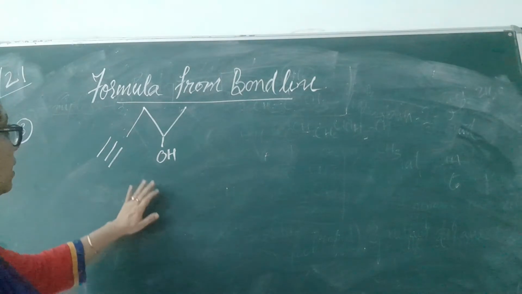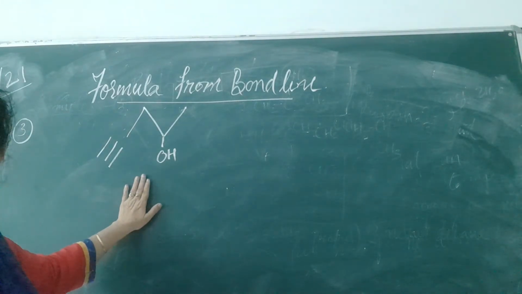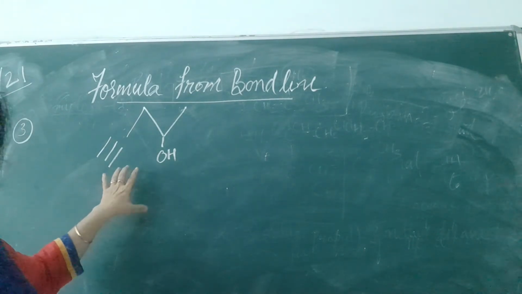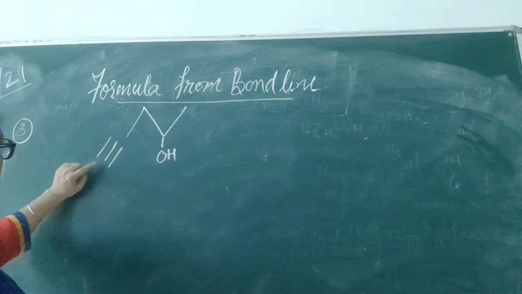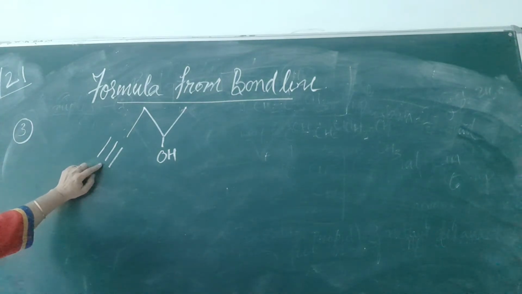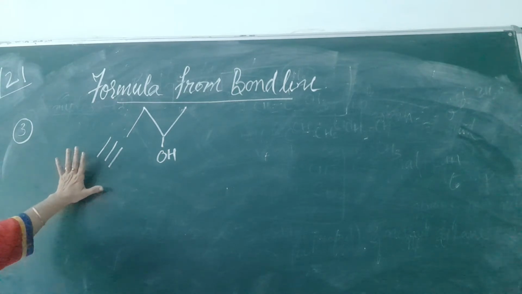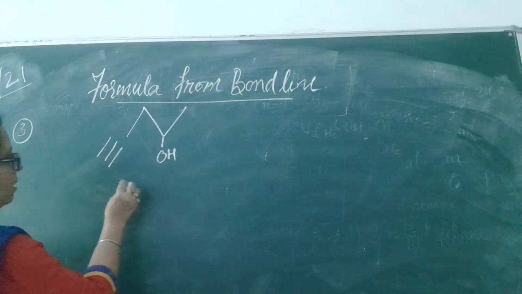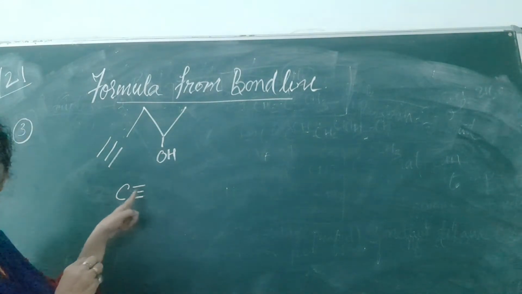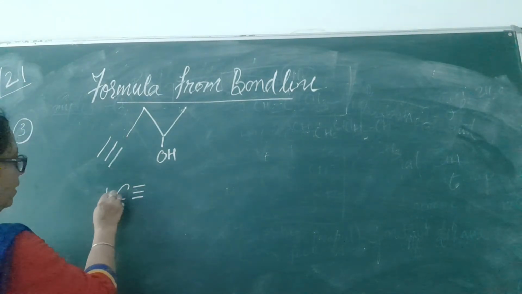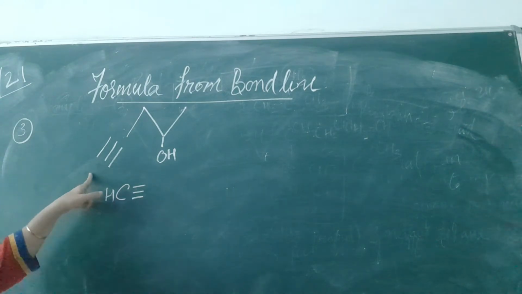Now children, see, this is the third structure. How to write down the formula in this structure? It's very simple. This triple bond shows that there is a carbon containing 3 bonds, so there must be one carbon with 3 bonds to it. This is the carbon, and with it a hydrogen will also be there.